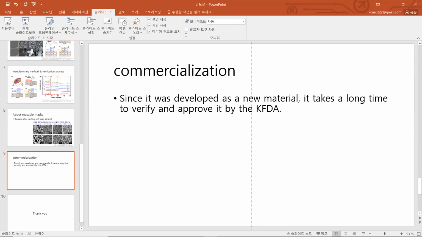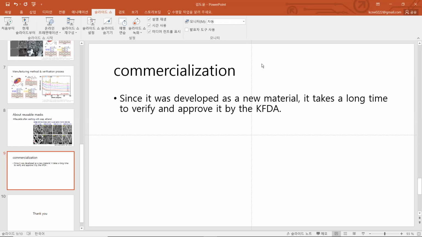And also it was developed as a new material, so it has the big hole.